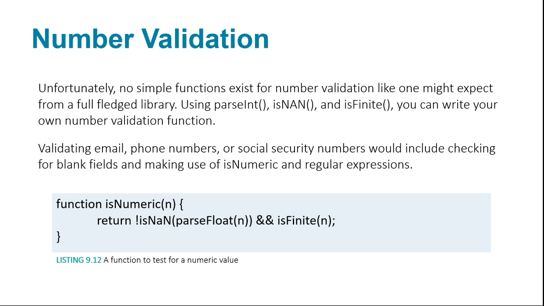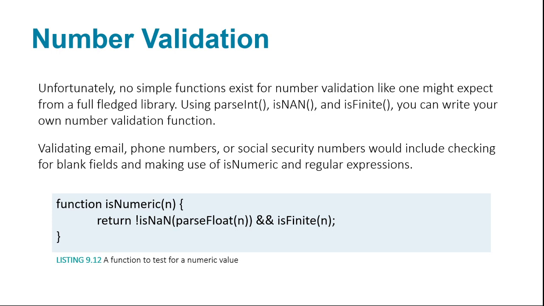Then isNaN, which is not a number. So that's checking whether or not it is a number. And then isFinite, which means that it is not infinitely repeating, like pi. Pi is an infinitely repeating number. No imaginary numbers in there, that kind of thing.